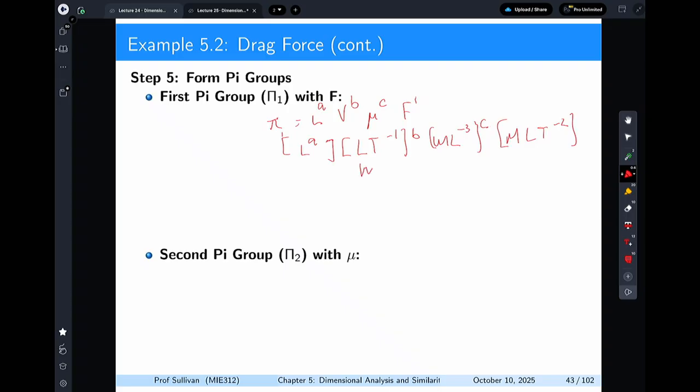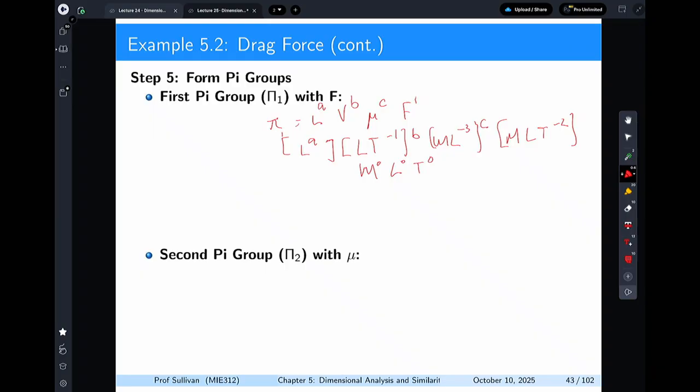So I want, for a dimensionless group, that each of those terms go to 0. So I have to split them up, M, L, and T. They all have to end up with powers of 0. So I'm going to combine them with the force.